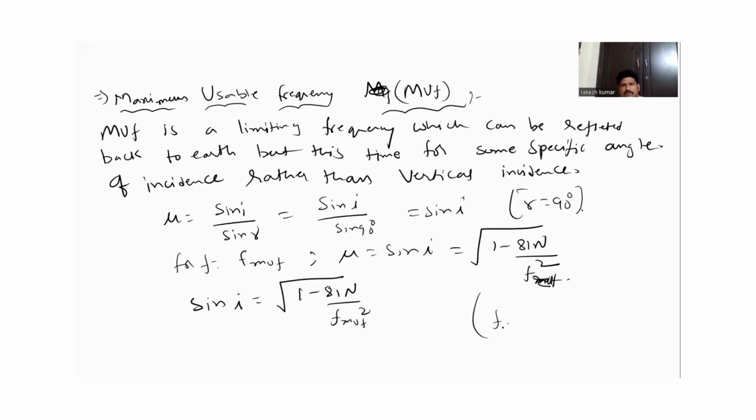You know that the critical frequency fc is given by the formula, so fc square is equal to 81 N. So in the place of 81 N, I can replace it with fc square. So sin i is equal to root of 1 minus fc square by f naught whole square.